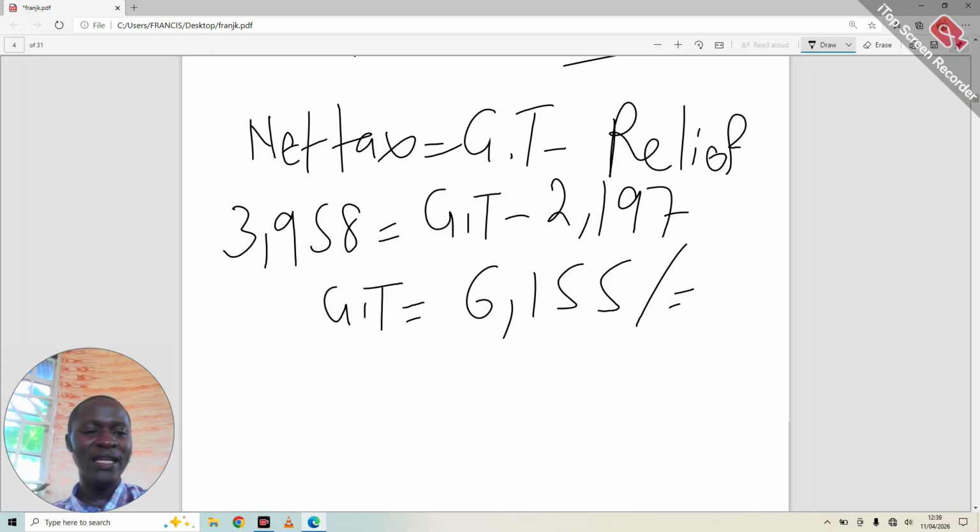How will I get my new taxable income? Because remember, the question wants us to calculate the percentage increase in his earnings. And remember that earnings is the same as taxable earnings or the taxable income. So know how to interpret those things.